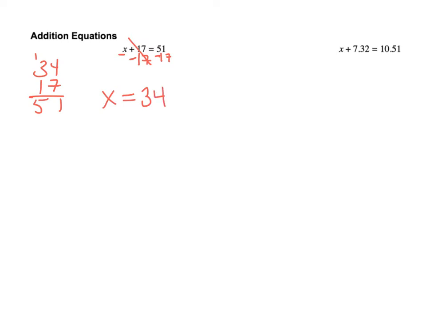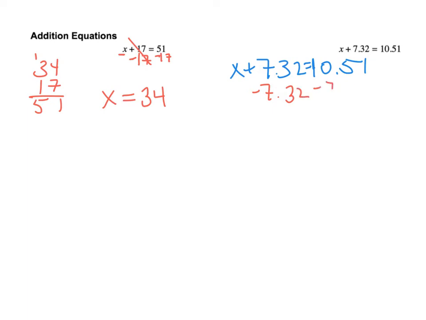Okay, let's try another one, but this time with decimals. X plus 7.32 is equal to 10.51. I'm going to write this a little bit larger to make it a little bit easier to do my addition and subtraction. That's equal to 10.51. Okay. Now, I want to get x by itself, and I'm going to take away the 7.32.